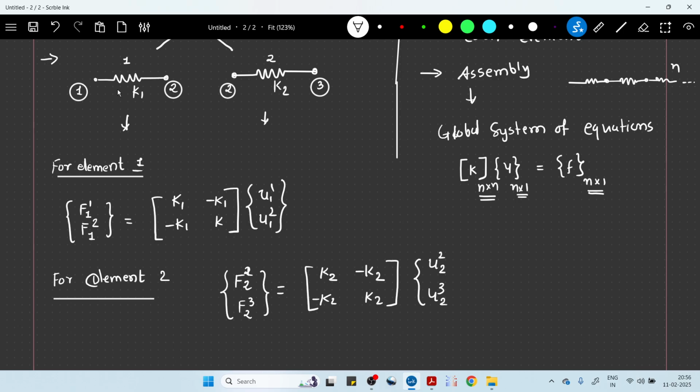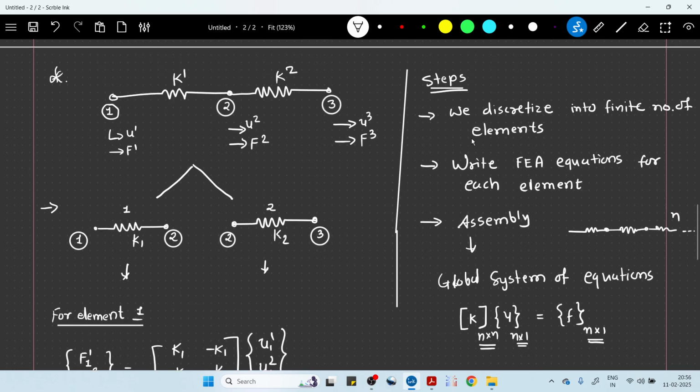So step 1 is finished, and step 2 also. We said discretize into a finite number of elements, then write FEA equations for each element. Both of these we have finished. Now we'll do assembly.